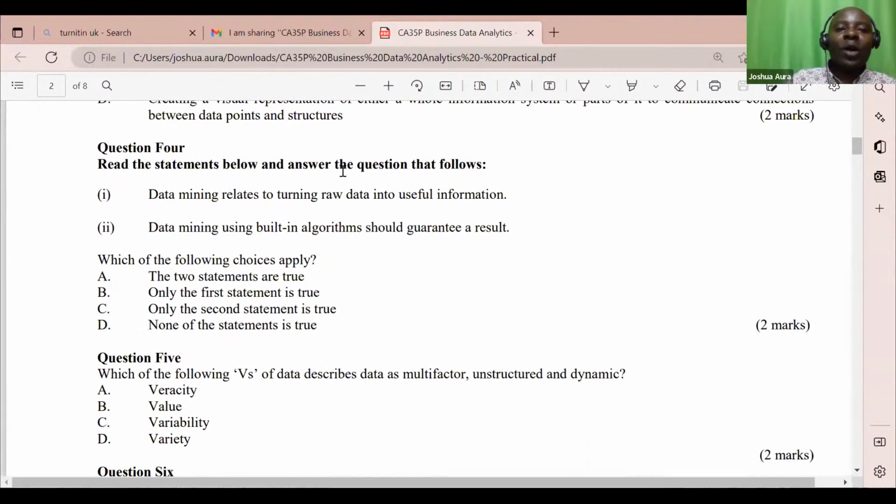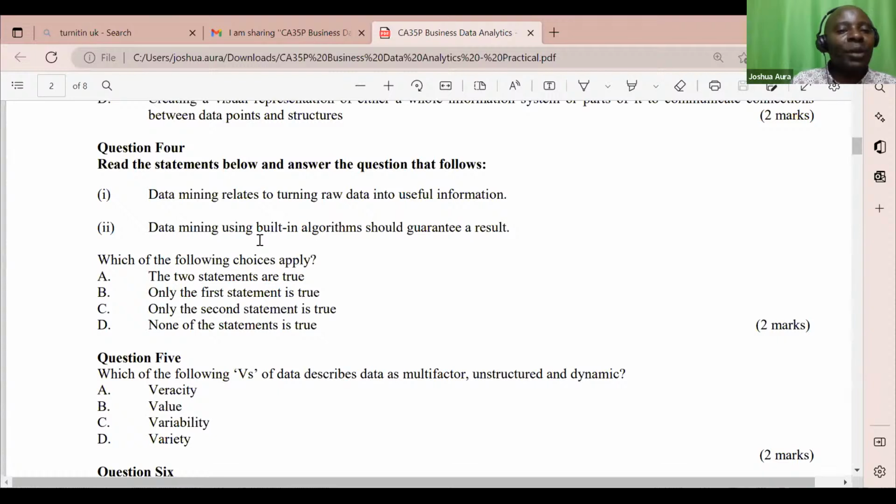Read the statements below and answer the questions that follow. 1, data mining relates to turning raw data into useful information. 2, data mining using built-in algorithms or models should guarantee some result. Which of the following choices apply?